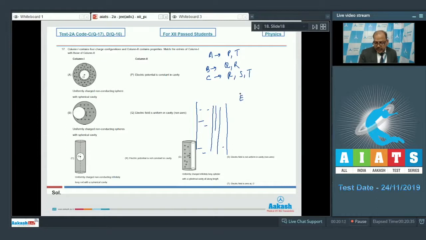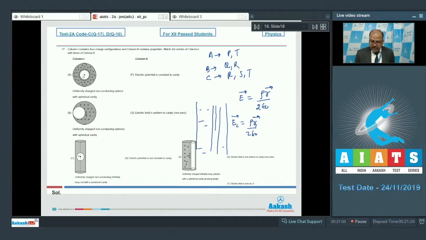The expression was E inside an infinitely long uniformly charged cylinder is equal to rho r divided by 2 epsilon naught. The field inside the cavity can be found by superposing the electric field due to two parts. So E inside the cavity will be rho r vector, or let's call it R1 vector, by 2 epsilon naught.